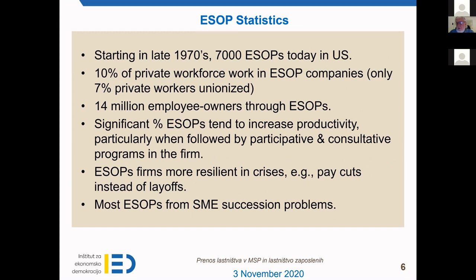So in 40 years, ESOPs have penetrated more into helping workers increase their income and their ownership than the union movement. And that's obviously partly due to the fact that it's supported by both the left and the right. And in total, about 14 million employee owners.